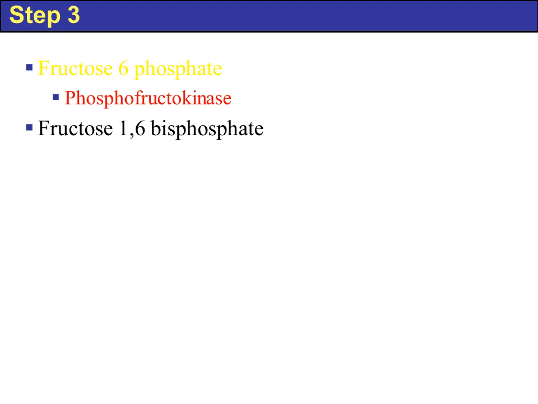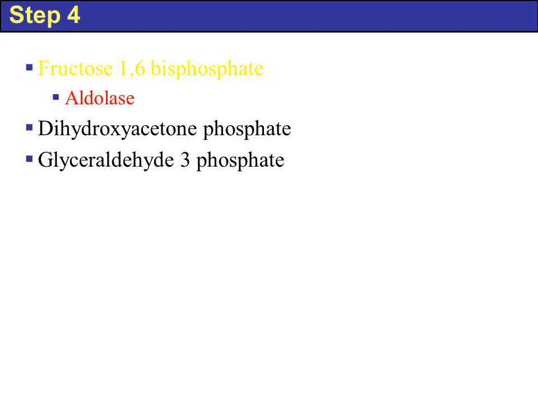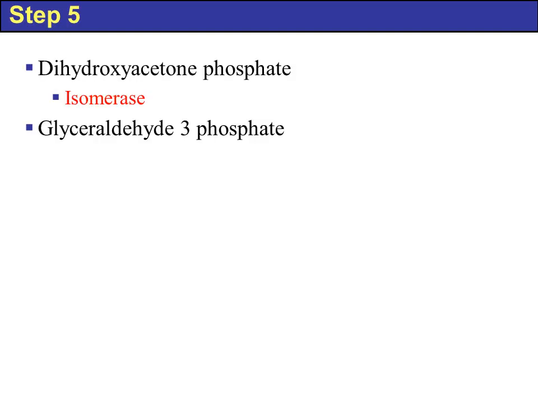Fructose 6-phosphate is converted into fructose 1,6-bisphosphate. Fructose 1,6-bisphosphate is converted into dihydroxyacetone phosphate and glyceraldehyde 3-phosphate. Step 5, dihydroxyacetone phosphate is converted into glyceraldehyde 3-phosphate.